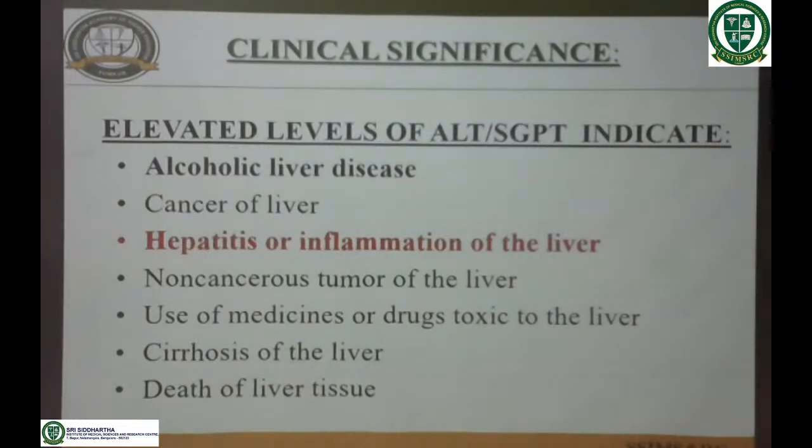Elevated levels of ALT can also indicate alcoholic liver disorder, cancer of the liver, hepatitis, inflammation of the liver, non-cancerous tumors of the liver, cirrhosis of the liver, and death of liver tissue. In these conditions, elevation of ALT can be seen.